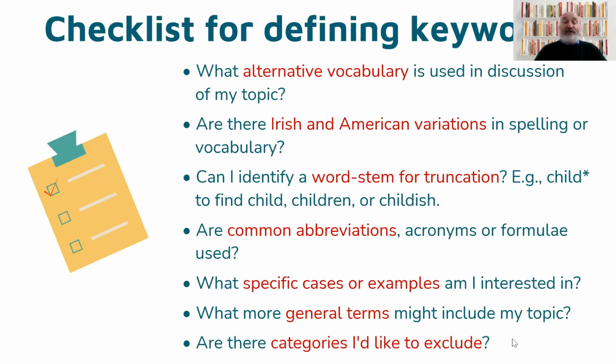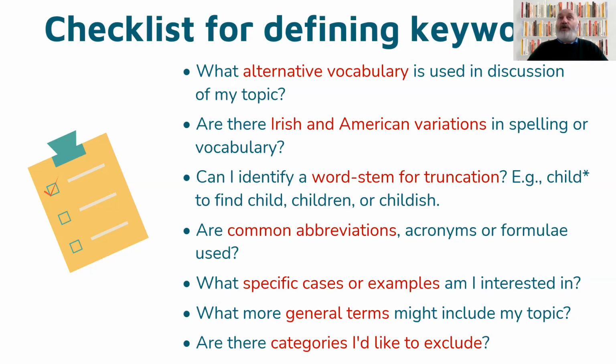And these are the kind of things you should be thinking about when you're brainstorming at the start. Are you aware of alternative vocabulary being used when talking about your topic? You need to include all those various terms that are being used because you can't predict in advance that all the authors are going to use a single keyword.